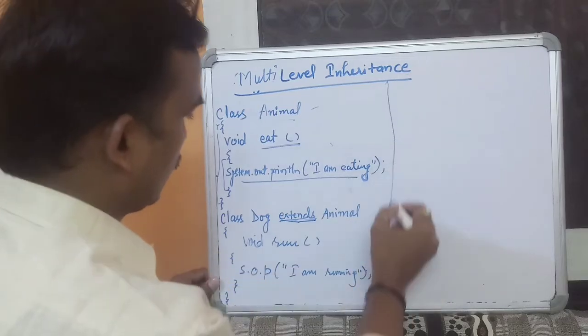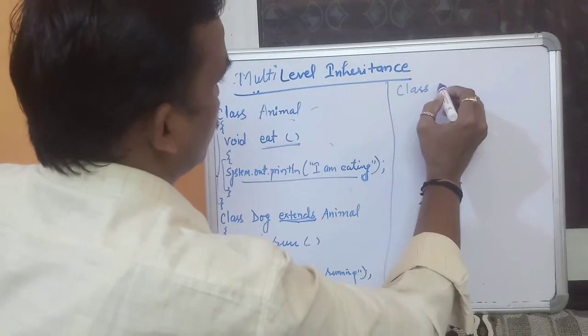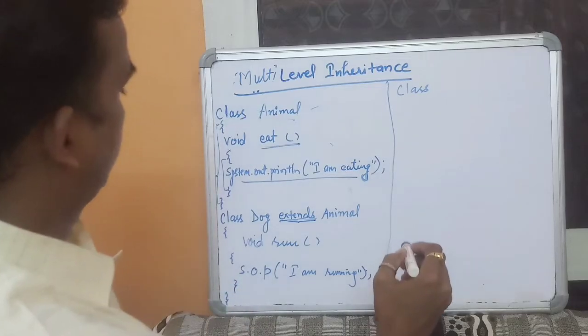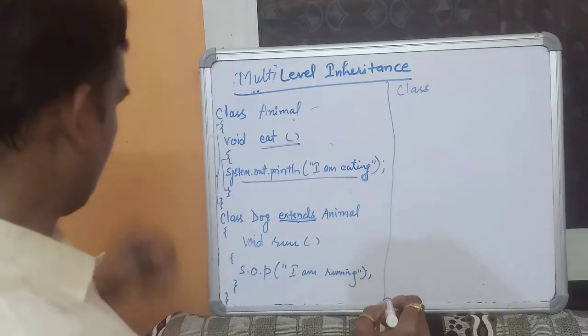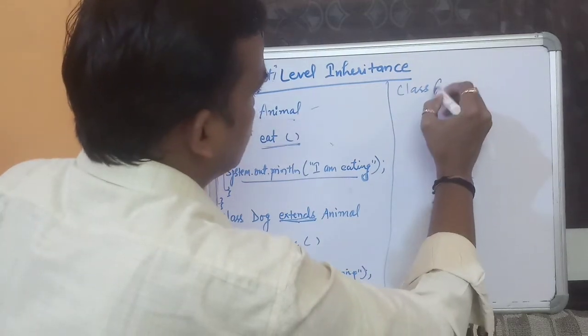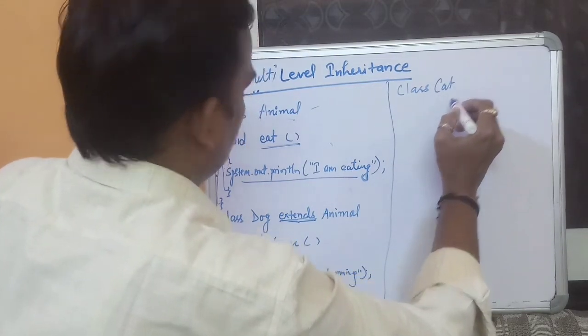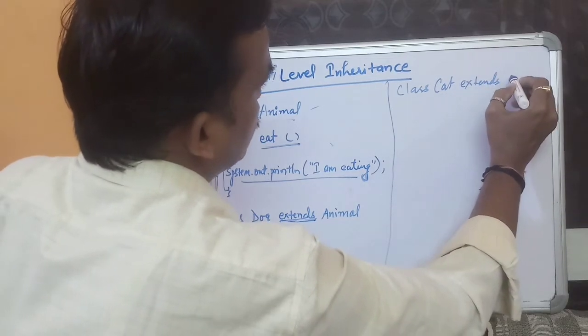Now we have the third class. In the third class there should be some similarity. So animal, dog, and suppose here we are using cat. So cat extends the features of dog.